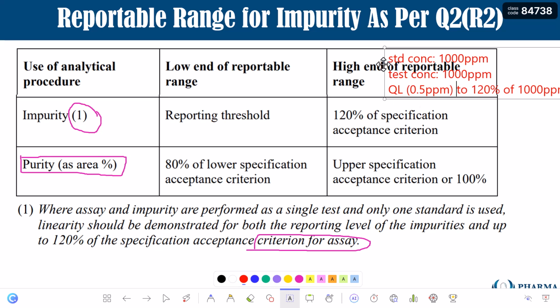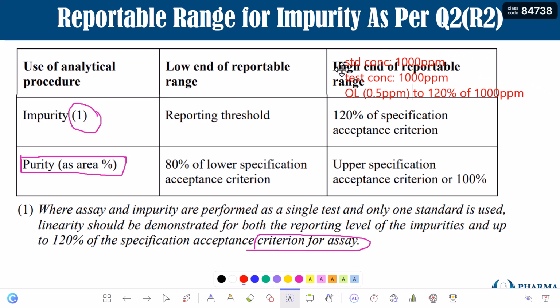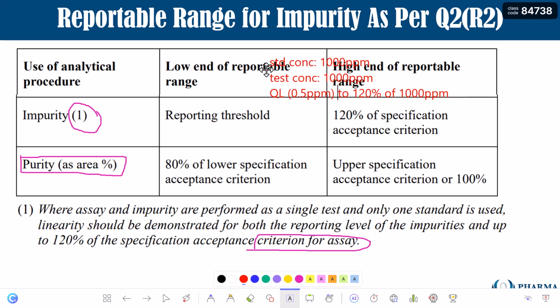So this is my new range, 0.5 ppm to 120% of 1000 ppm, and this becomes how many ppm, by the way? 1200 ppm. That is 120% of 1000 ppm, and this is only applicable for the API, right? This is only applicable for the linearity.